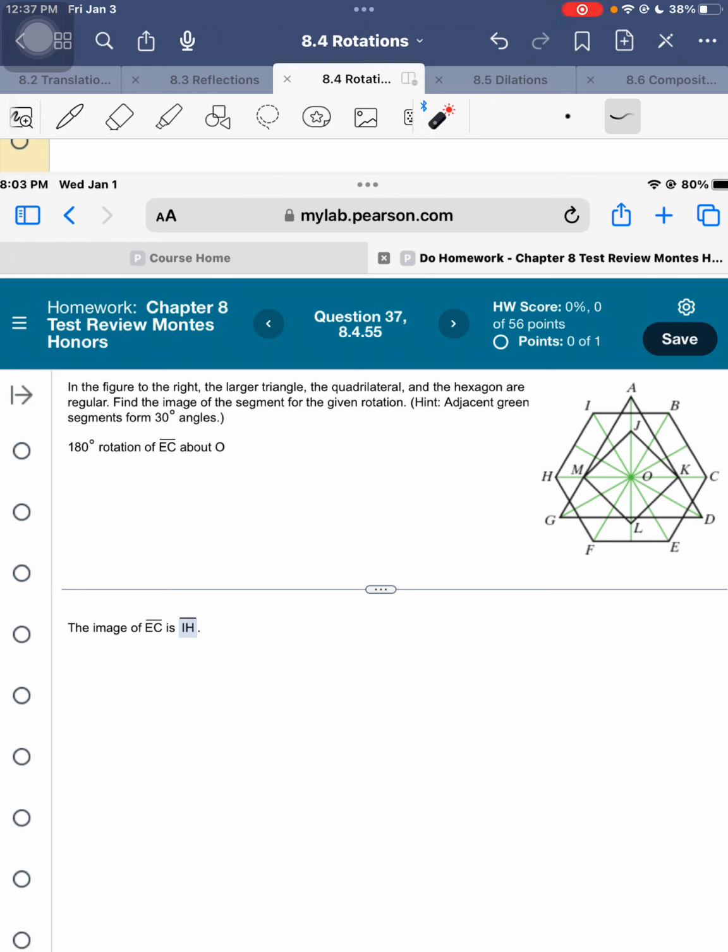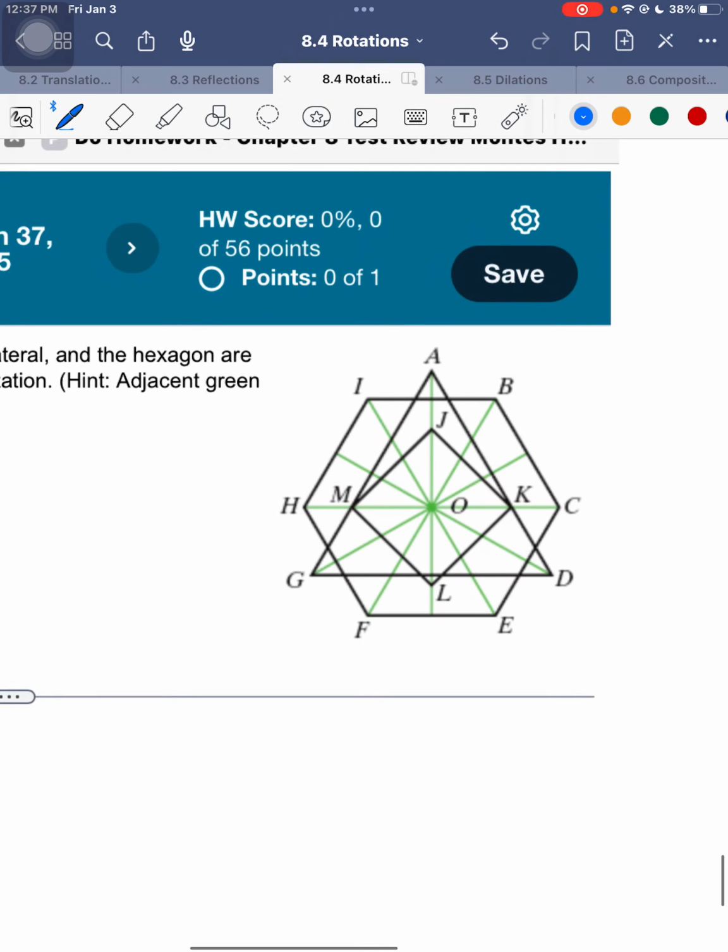180 degree rotation of EC about O. So if all I'm focusing on is EC, then I'm just going to focus on this shape right here, which is a what? 1, 2, 3, 4, 5, 6. This is a hexagon.